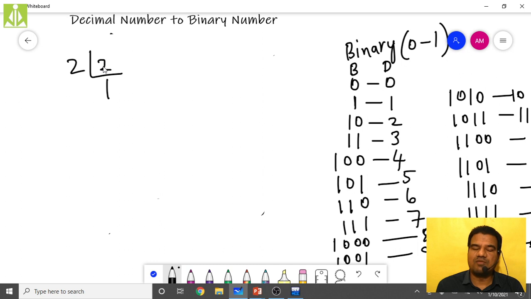Then what will be the remainder? 2 once 2, and the remainder is 0, isn't it? So that is the reason why I kept the remainder like this, 0, like this you put. Hopefully you understood. So 2, divide by 2, 2 once 2, and write the remainder as 0.